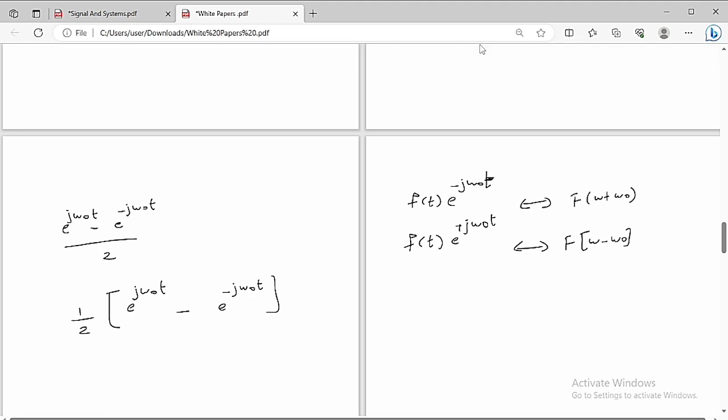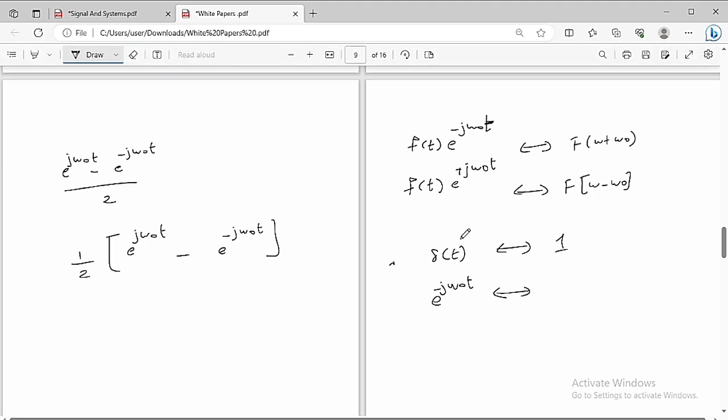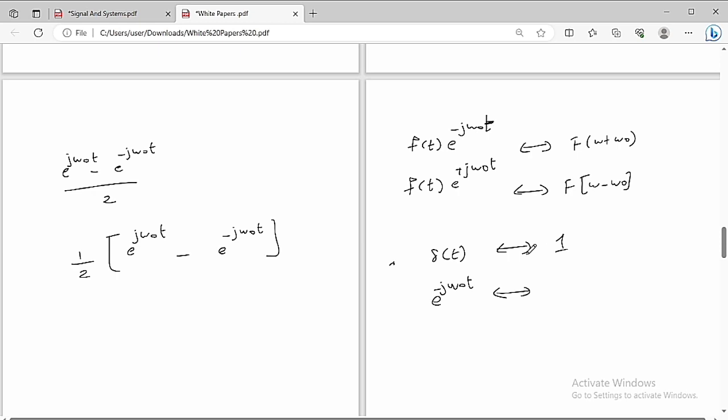Now in this case, for delta of t, the Fourier transform is 1.